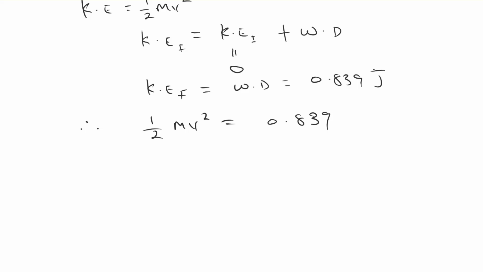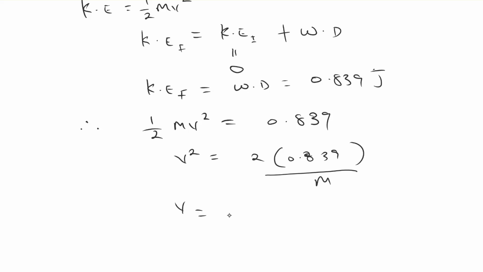Hence we can solve for v. v squared will be, multiply both sides by 2, 2 times 0.839, and then divided by m.